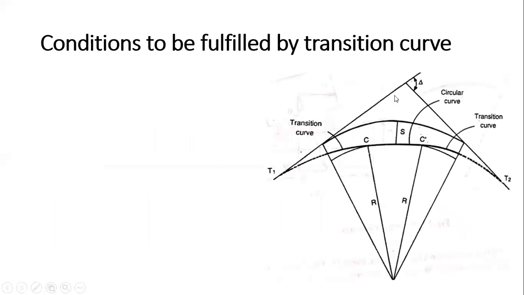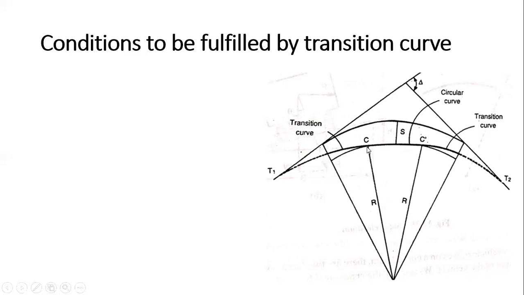Now, what are the conditions to be fulfilled by a transition curve? I will first show you the picture here. This is my straight road. This is my deflection angle. From C to C dash, this is my circular curve. If I extend this curve, this is my extended portion here, and this is my extended portion here.